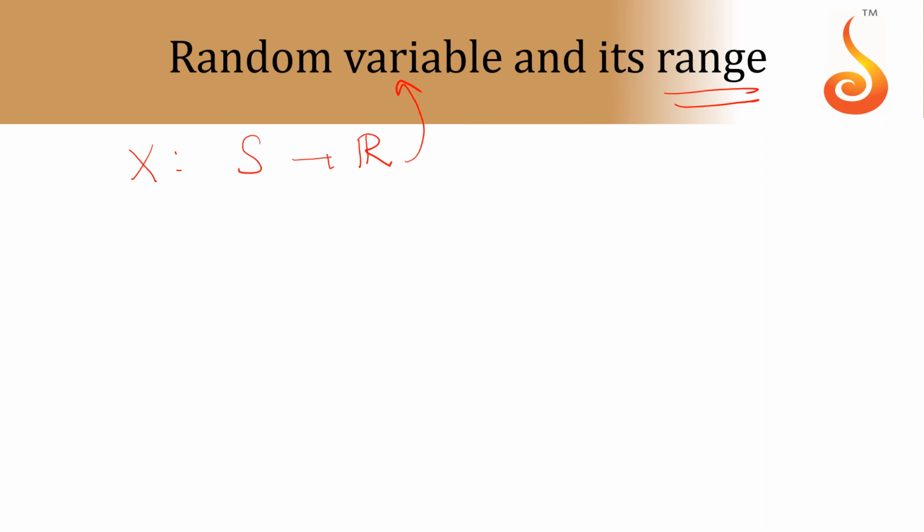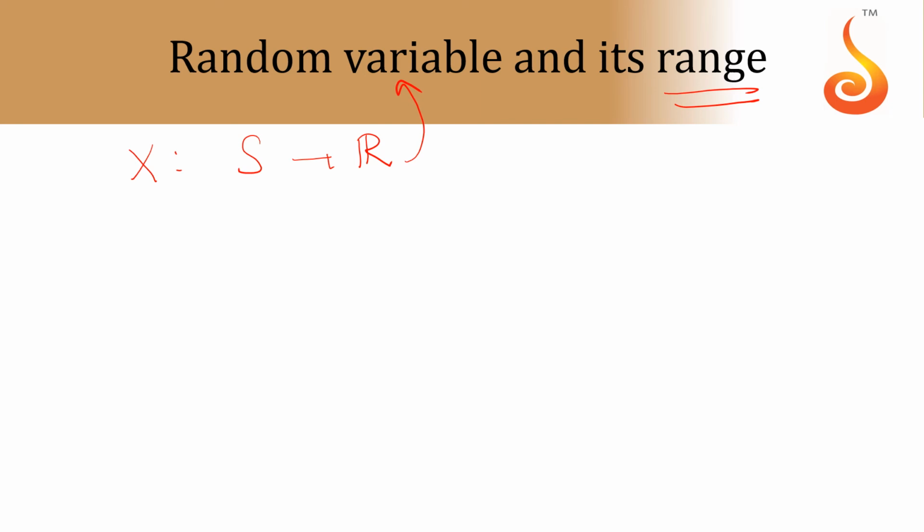Here a countable set can be finite or infinite, because countable set means there should be a bijection from the set to natural numbers. So integers are also a countable set. Rational numbers are also a countable set. But real numbers are not countable, because from real numbers you can't create a bijection to the natural numbers.